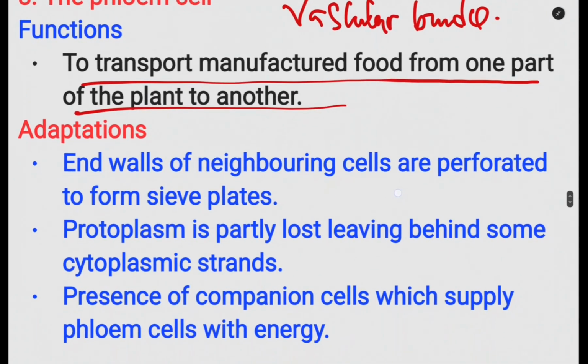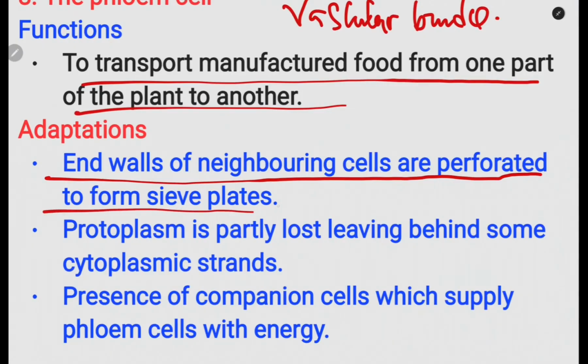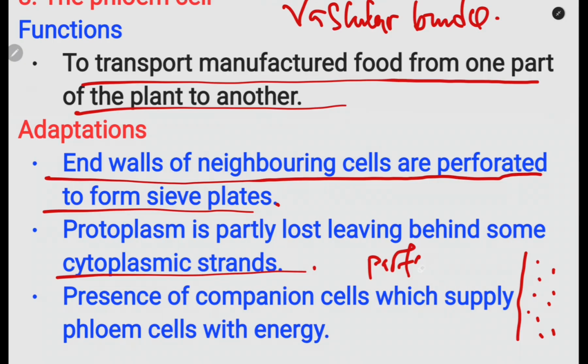What are the adaptations? For this one, end walls of the neighboring cells are perforated to form sieve plates. Perforated means they have some holes. Protoplasm is partly lost, leaving behind some cytoplasmic strands, and those are what we call sieve tubes. Then there is the presence of companion cells.